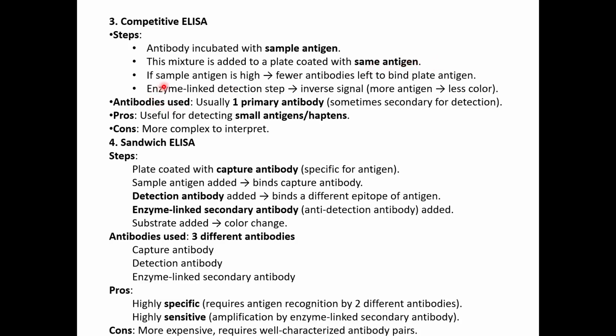So basically, it's a competition between the antigen bound with your antibody and your coated antigen. So if the sample antigen is high, fewer antibodies are left to bind to the coated antigen. So less antigen antibody will be bound on the plate.